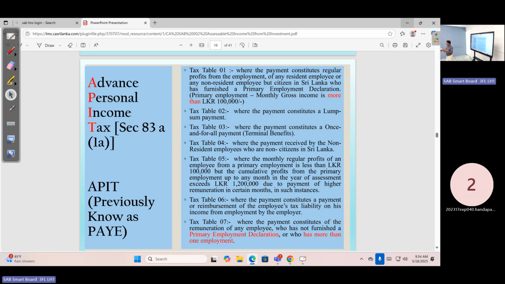On the employee side, it is excluded income. Monthly tax and EPF contribution, EDF contribution if it is approved. At the end of the period, he is getting the total amount: 8% plus 12% plus interest, the investment income.